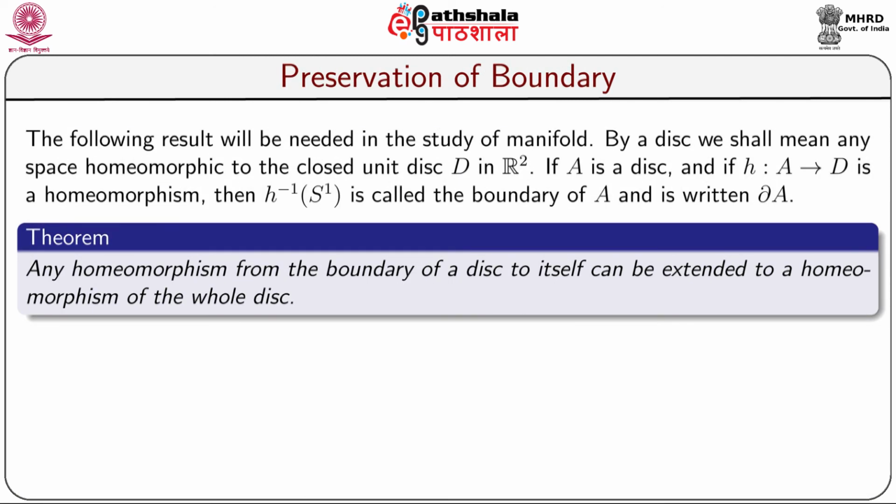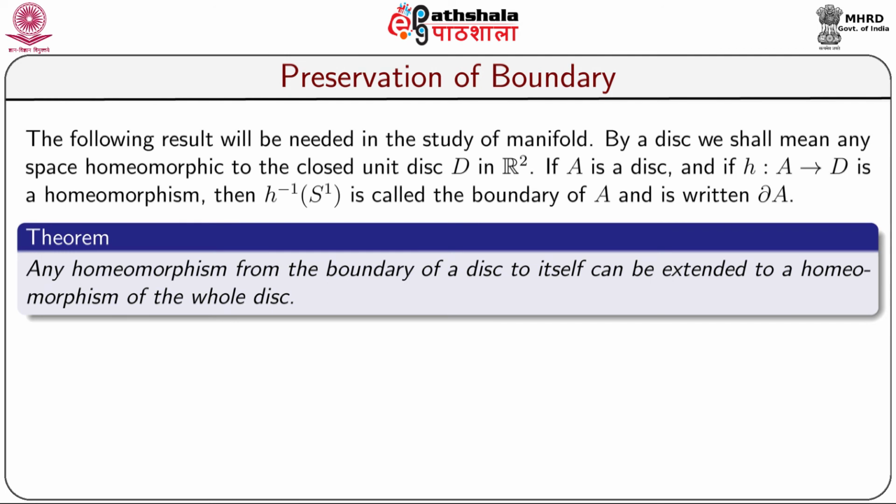So, next we will prove a lemma which will be useful for us. By a disk in R2, we shall mean any space homeomorphic to the closed unit disk in R2. That means a closed rectangle is also a disk.